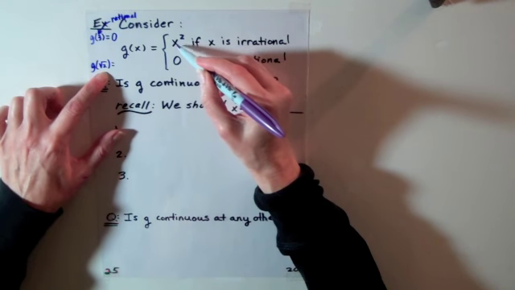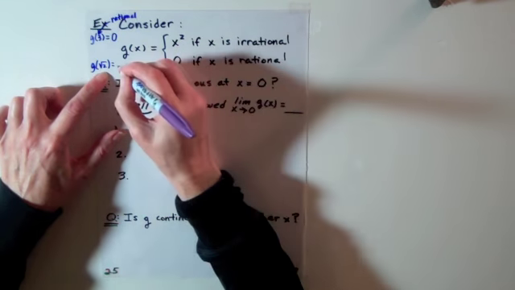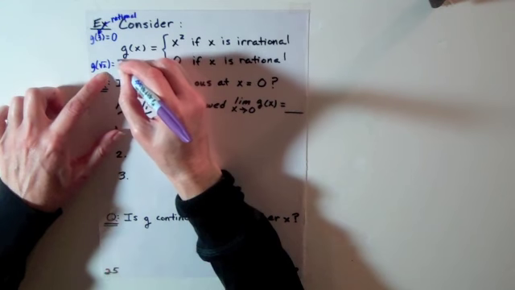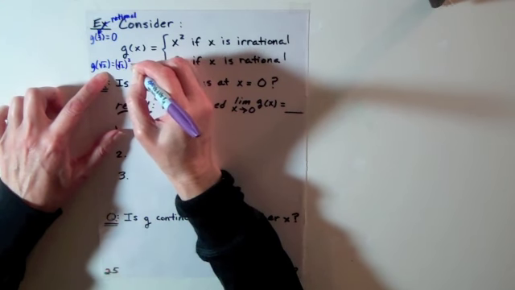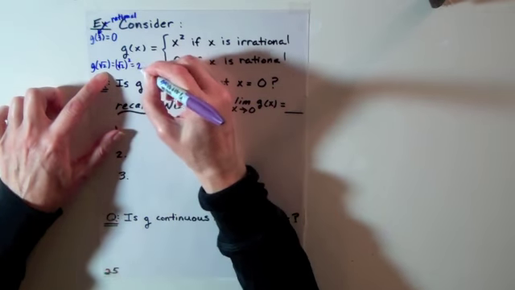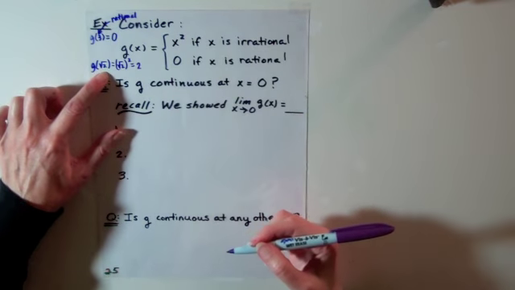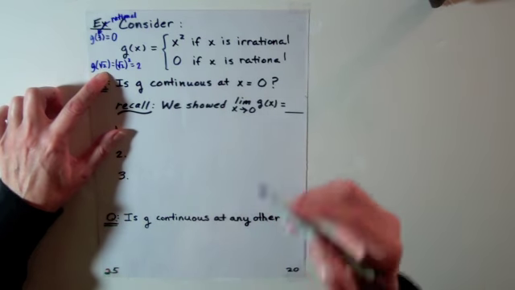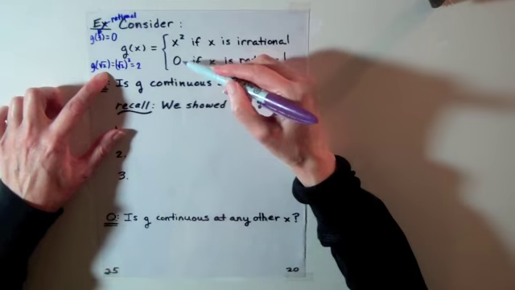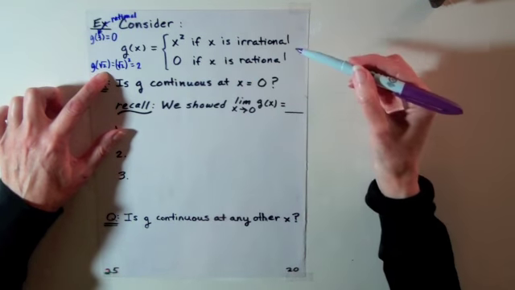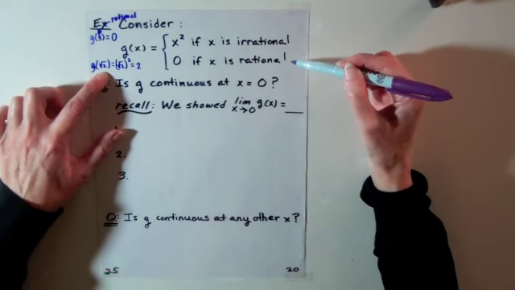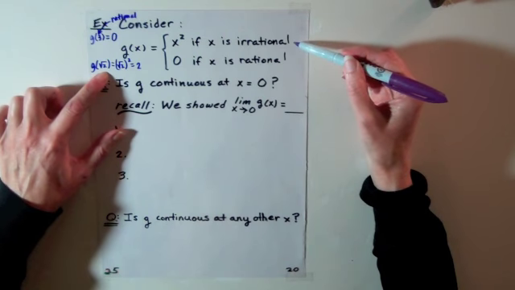And this says take whatever my input x is and square it. So my input is root 2. I would square that, and root 2 squared would be equal to 2. So g of root 2 would be equal to 2. So we have an entirely different rule for g of x depending on whether the input happens to be a rational number or an irrational number.